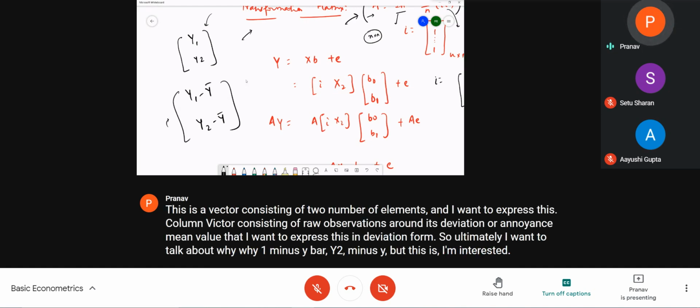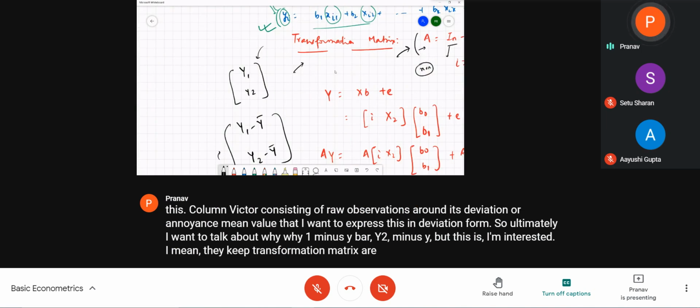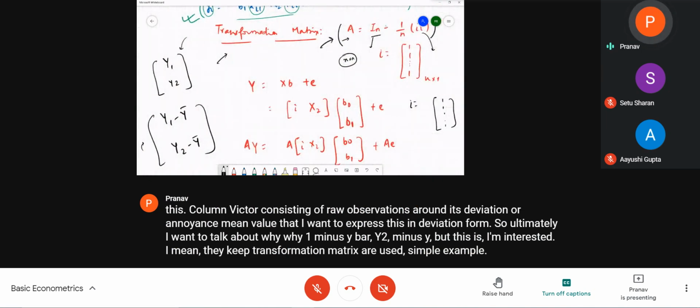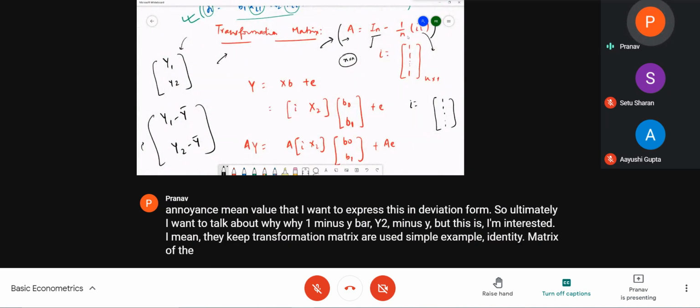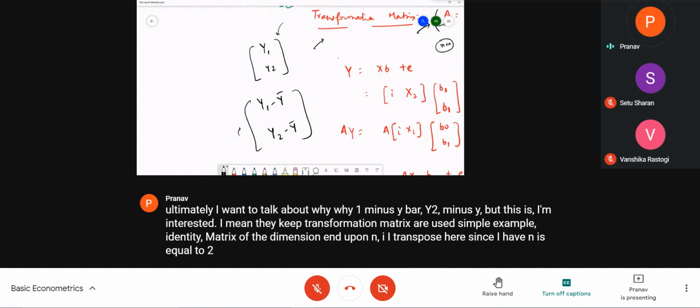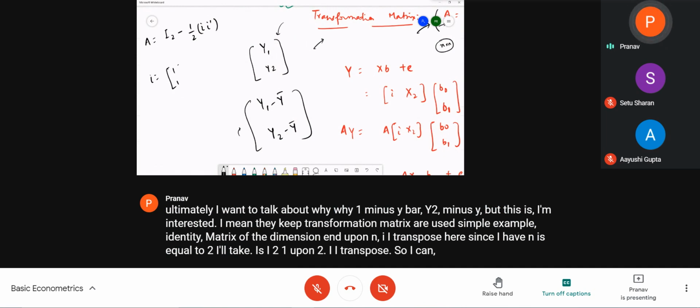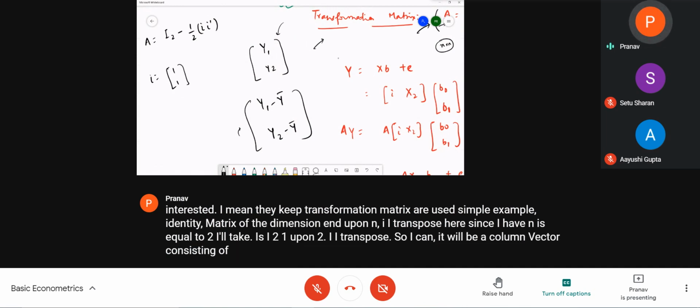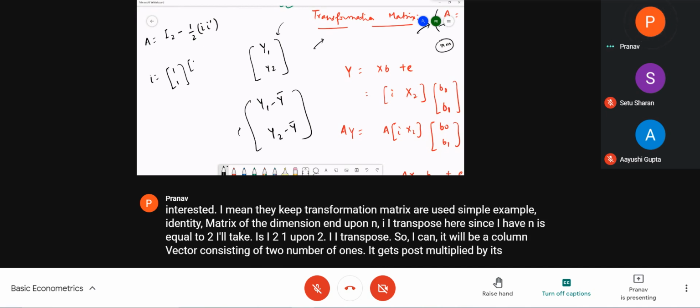Now see how the transformation matrix is used. It is the identity matrix of dimension n, minus 1 upon n, I I transpose. Here, since n is equal to 2, I take A as I_2 minus 1 upon 2, I I transpose. I is a column vector consisting of 2 ones, post-multiplied by its transpose, 1, 1.